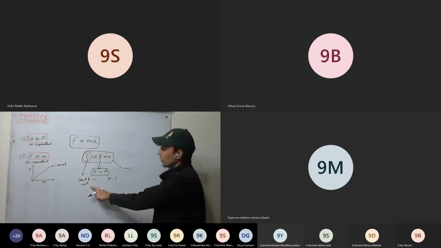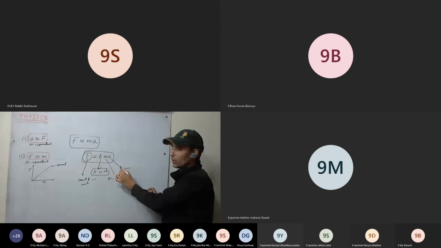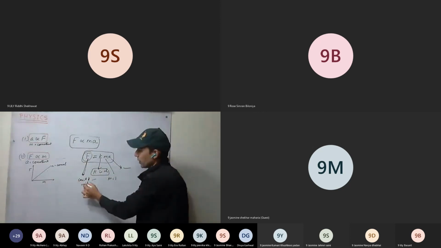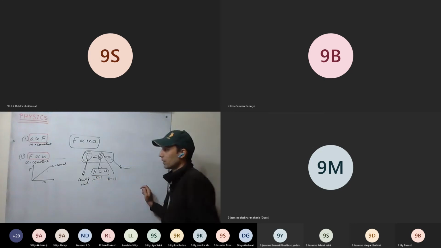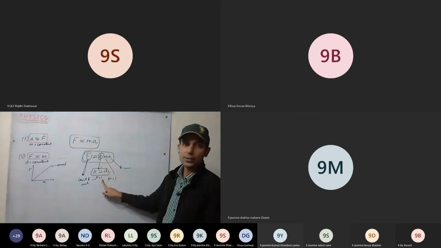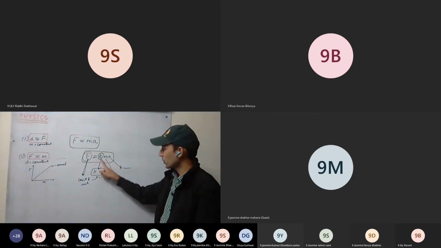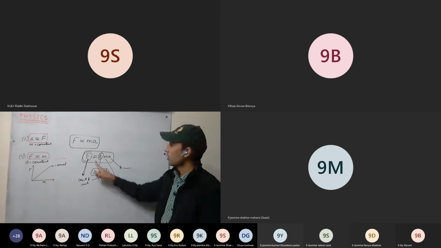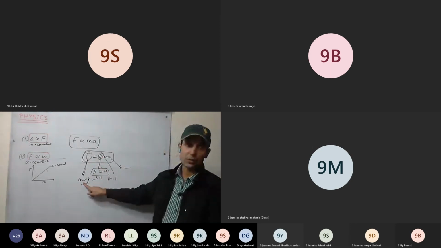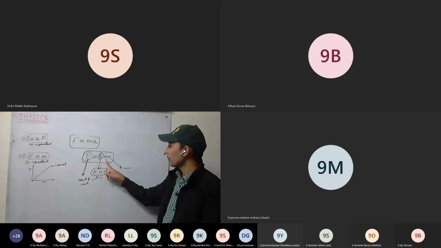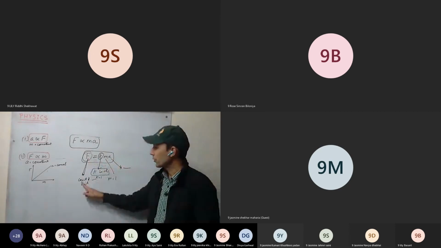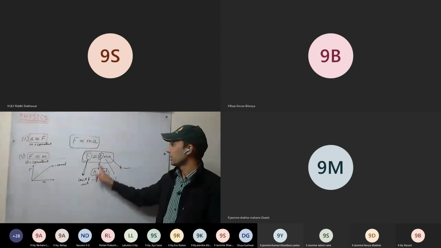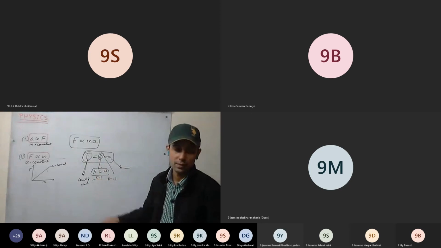That is, for 1 unit of mass, when the acceleration produced in the body is 1 unit, the force required is 1 unit of force. That means K equals 1. So for making the K value equal to 1, we have chosen the unit of force such that when mass equals 1 unit and acceleration equals 1 unit, the force required will be 1 unit as well. Therefore, K equals 1.